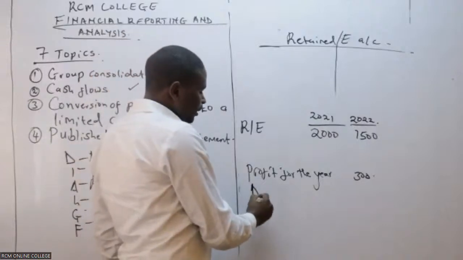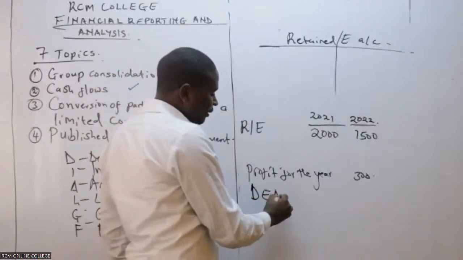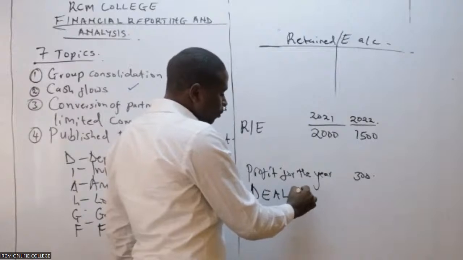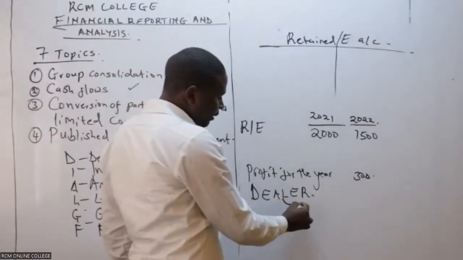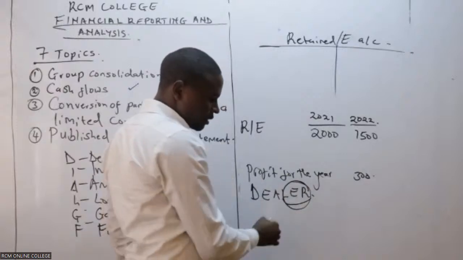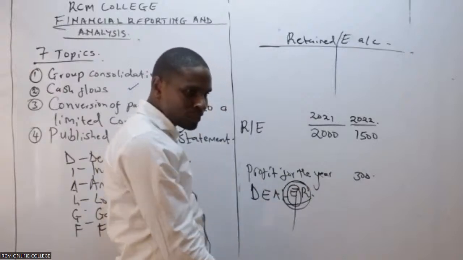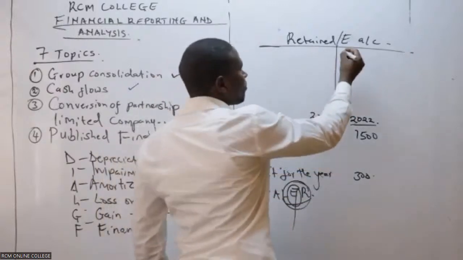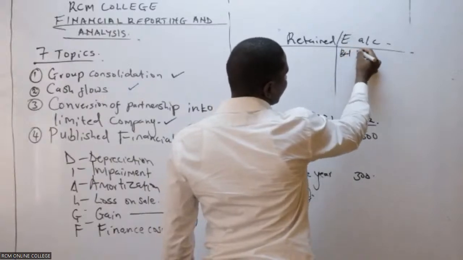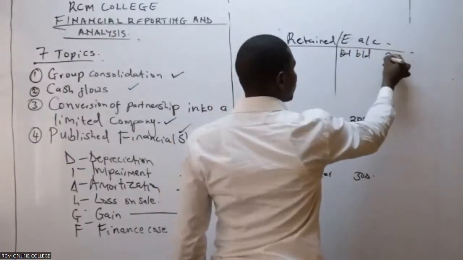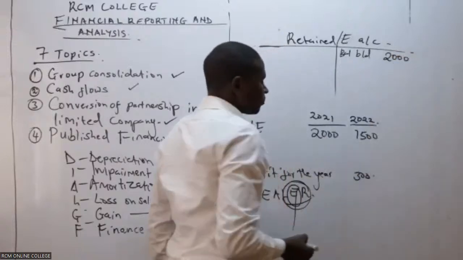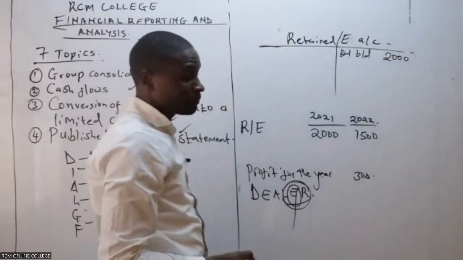Whenever you forget, go to the dira quickly. Go to the dira. So it falls under this. It is under equity. So it has a credit balance. So balance that is brought down is this one, 2,000.